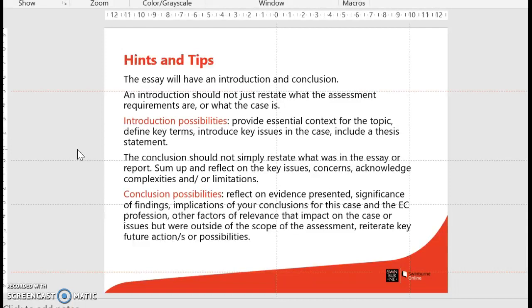It is more about gathering the evidence you have and presenting it in a summary, an overarching paragraph demonstrating that you've come to some sort of conclusion from everything that has been in the essay. So I don't want to see exactly what you've just said in the essay. I want to see something different, an overarching summary of what you have established from the findings in this case study.